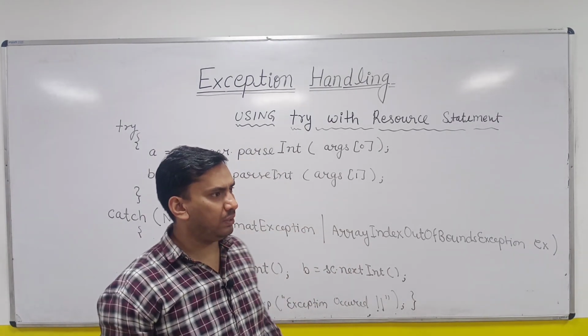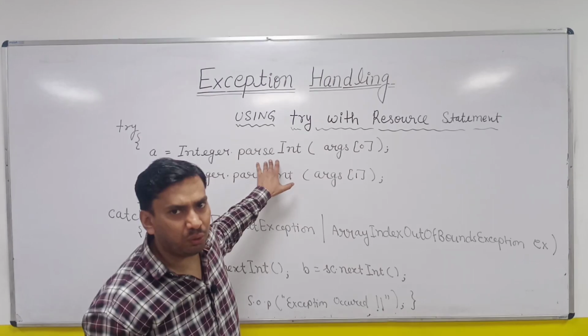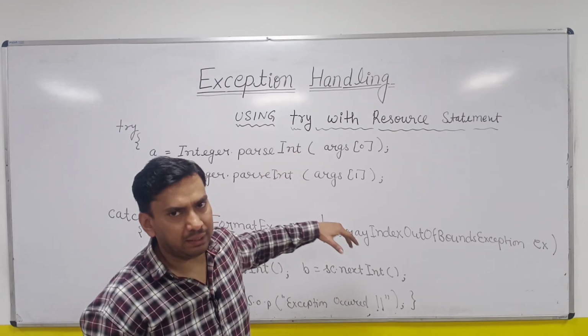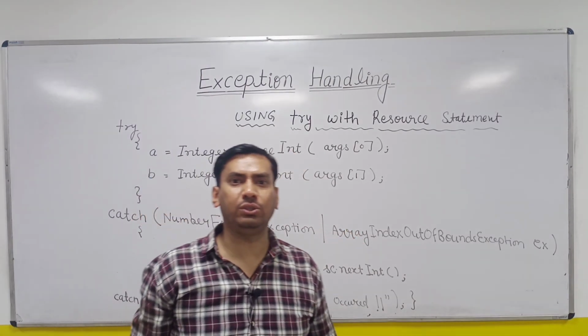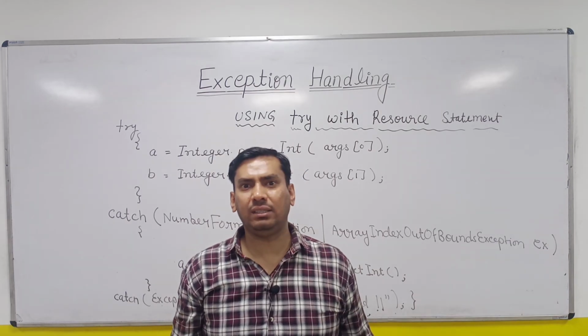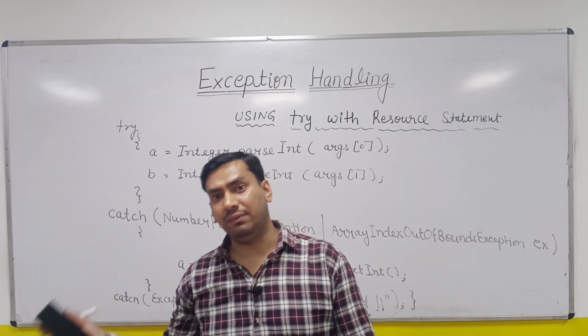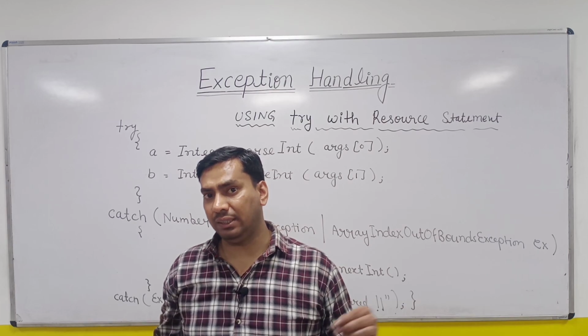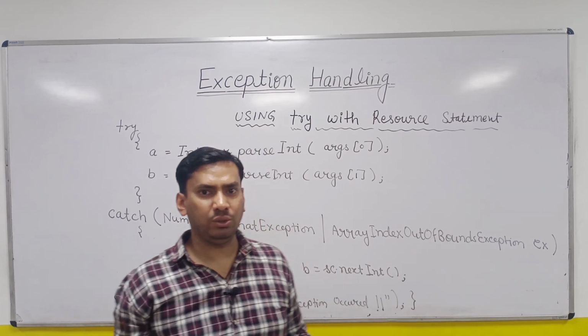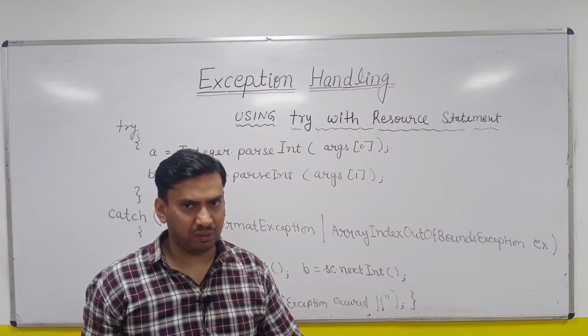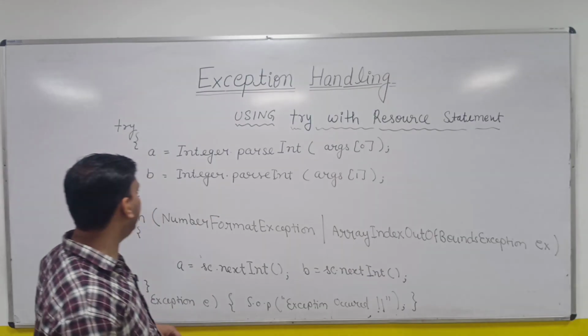The resources should be closed automatically once the task is completed, even if an exception occurred. So one way is writing the finally block, the other way is the try with resource statement.